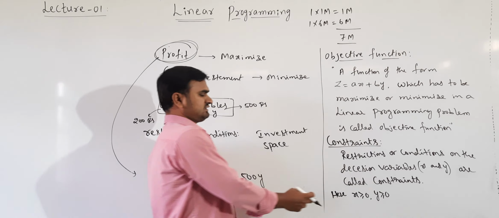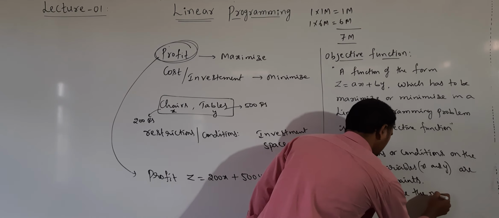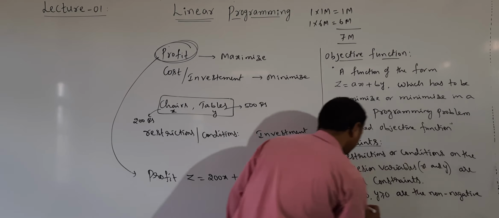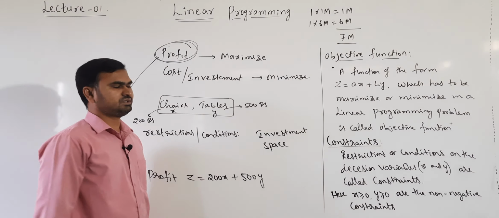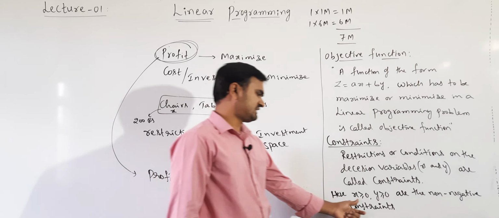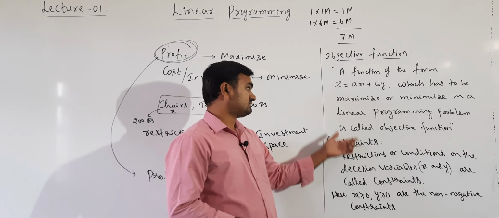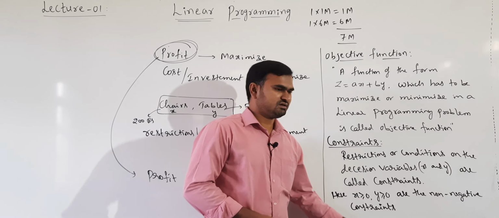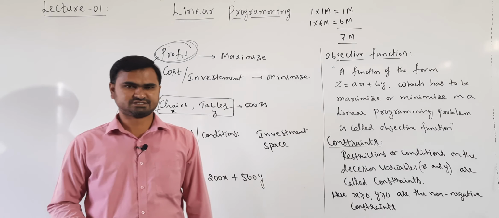So x greater than or equal to 0, y greater than or equal to 0 are the non-negative constraints. Non-negative means they cannot be negative, either they can be 0 or positive. So we are studying the definition of objective function and then constraints, and we take only positive values for these variables, so they are non-negative constraints.